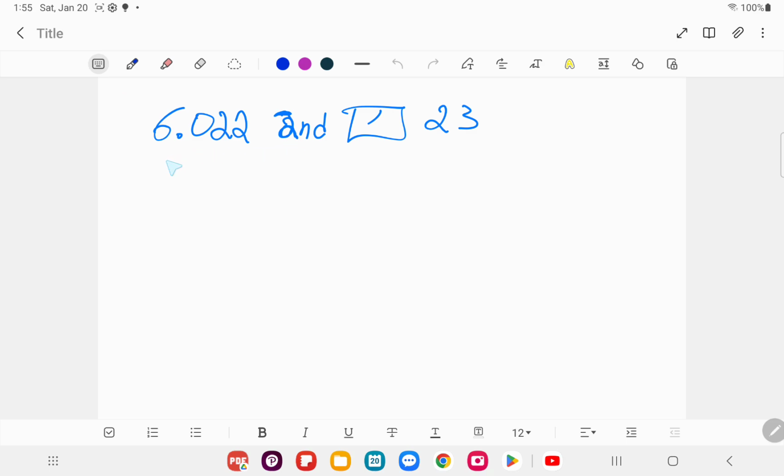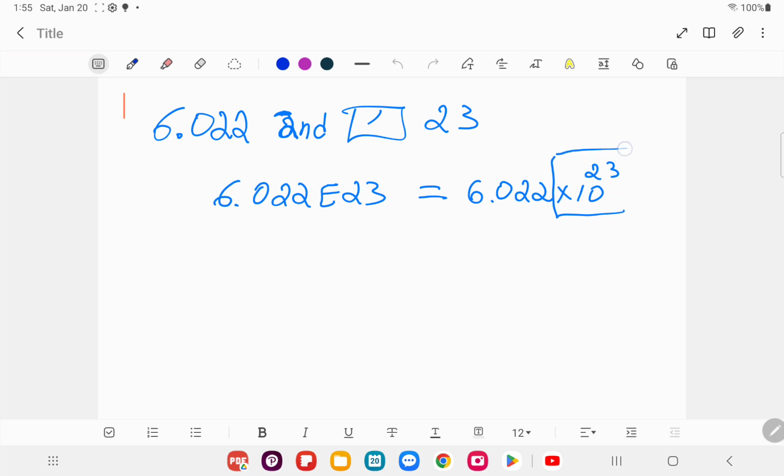So when you click 6.022 second apostrophe 23, you will see on the display this number here. And that's what we want, because this means 6.022 times 10 to the 23rd. Again, this is not an operation that you're doing. This means this.